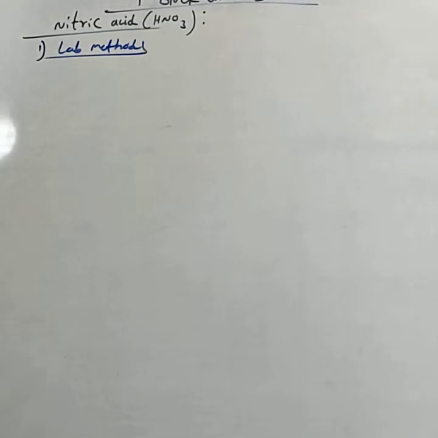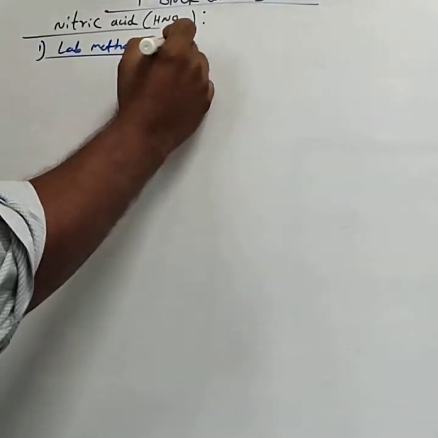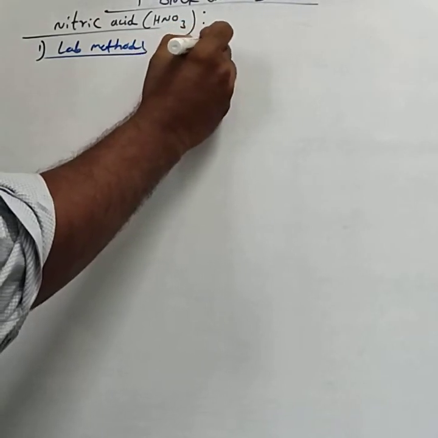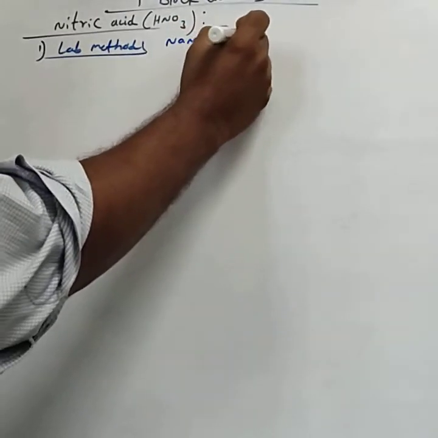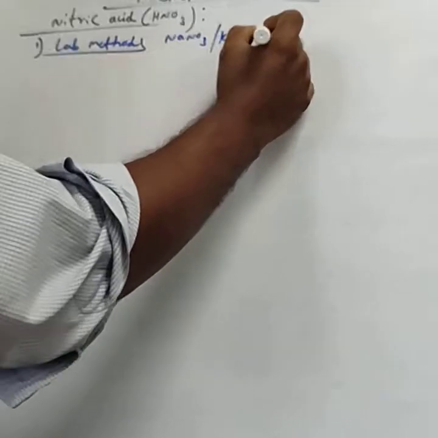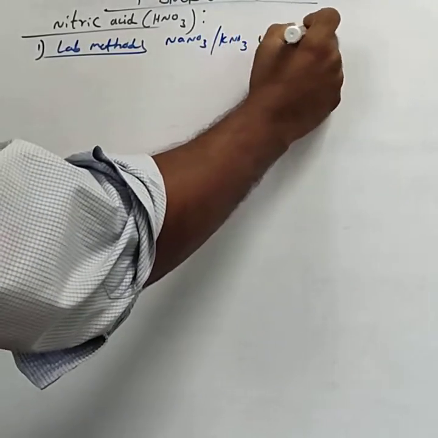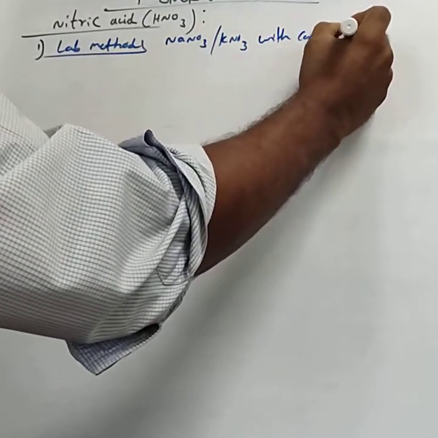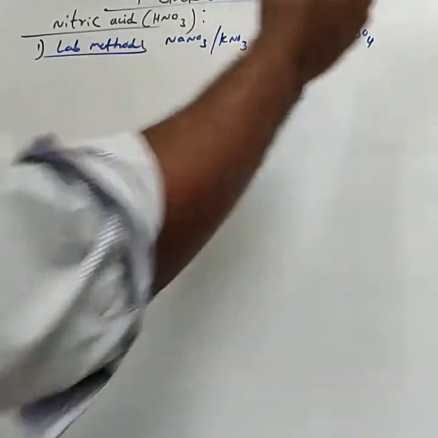In the laboratory, nitric acid is prepared by treating sodium nitrate or potassium nitrate with concentrated H2SO4.